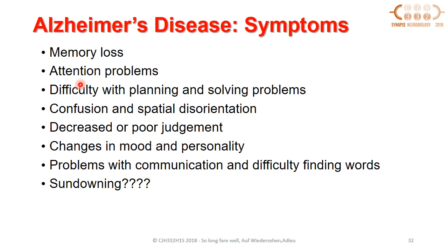And we know that there are groups of cholinergic neurons that are lost and damaged in Alzheimer's disease that relate to this attentional problem. And as a result of all of these things and the areas of the brain that get affected, there's a lot of difficulty with planning as well as problem solving. There's a lot of confusion and spatial disorientation, especially as it starts to affect the temporal lobes and the hippocampi and the prefrontal cortex, where the neurons start to get lost as well.